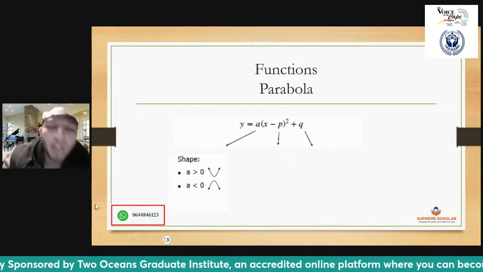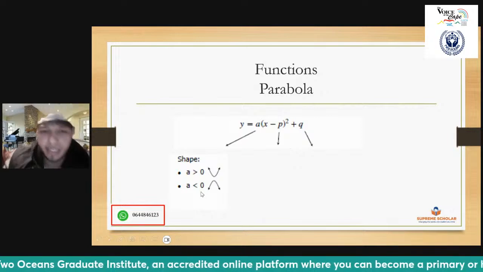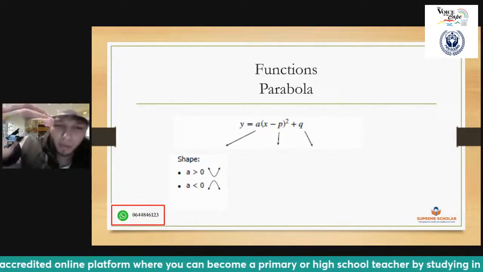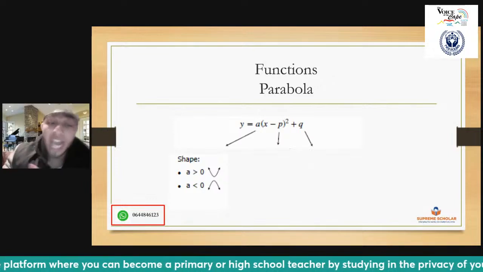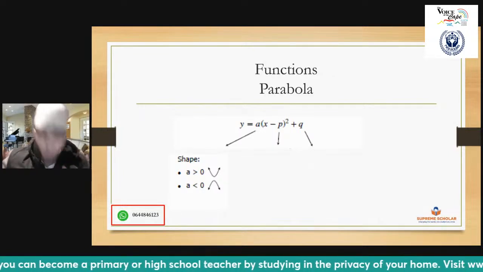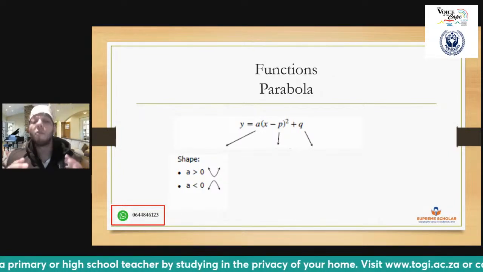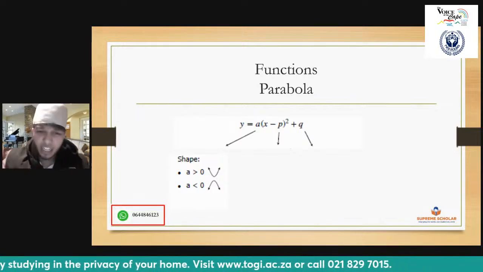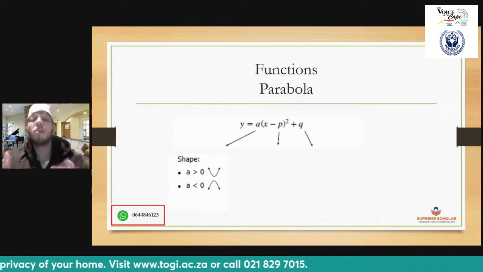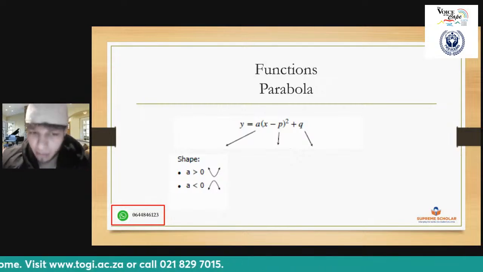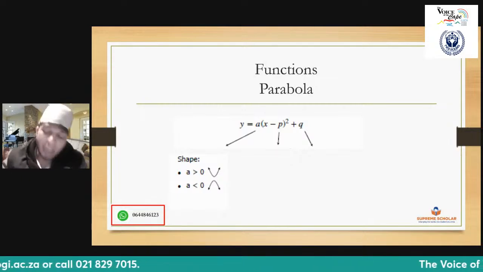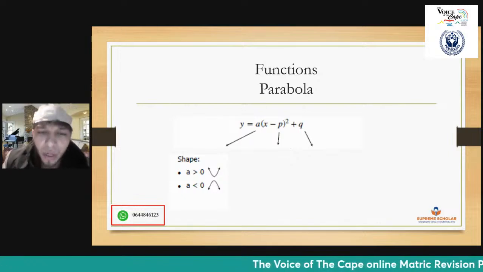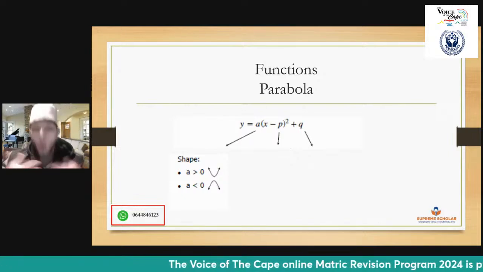If you look at the graph with the a value less than 0, that graph experiences a maximum. Why? Because the arrows are going downwards, which indicates that the graph is going towards negative infinity. This is something you need to understand: the higher the negative value, the smaller the value.